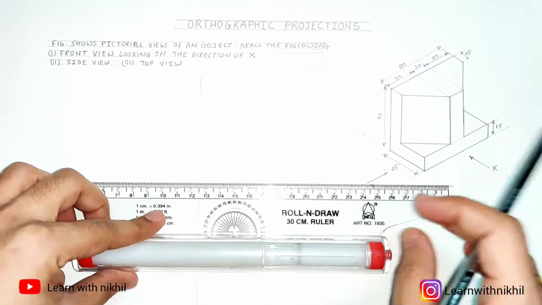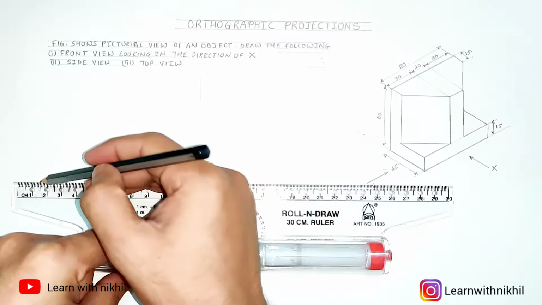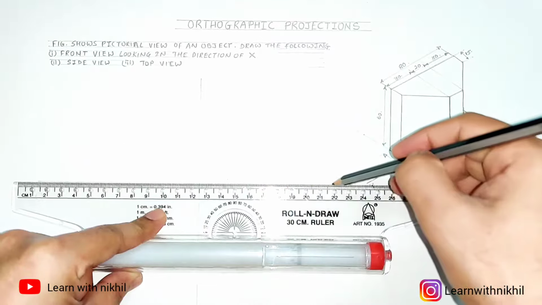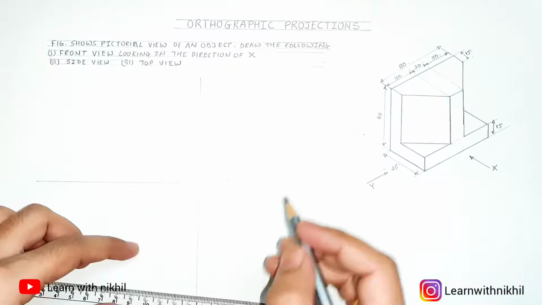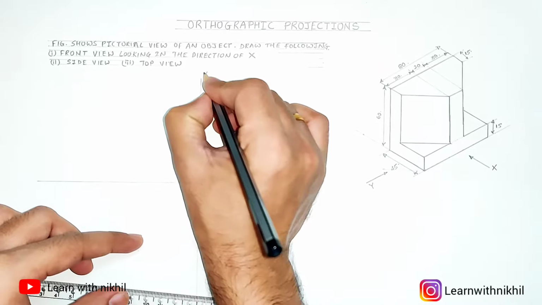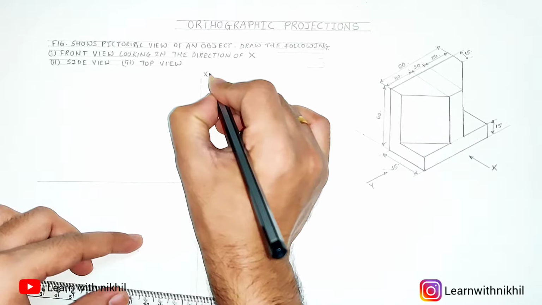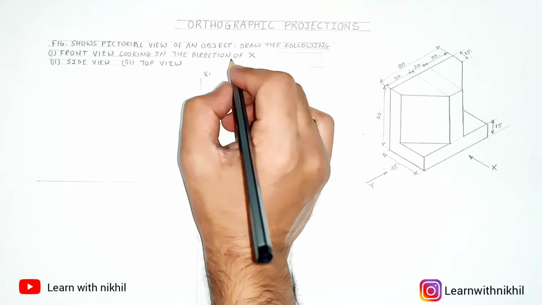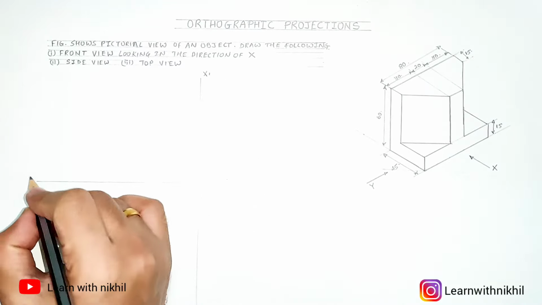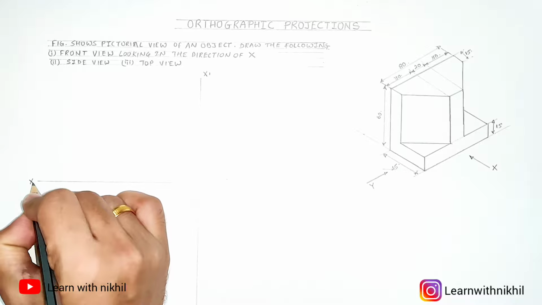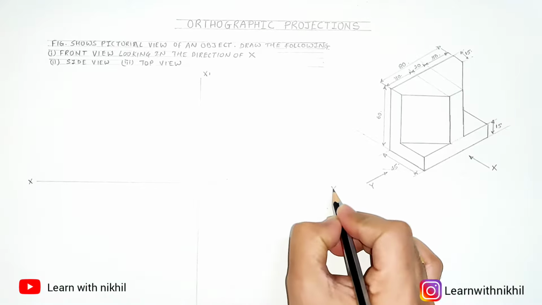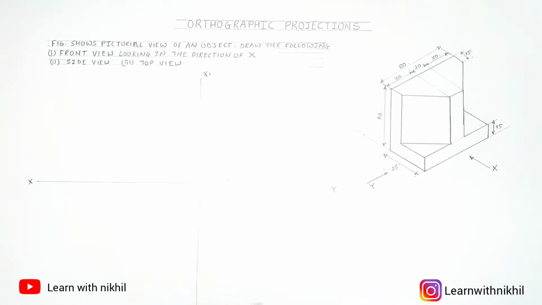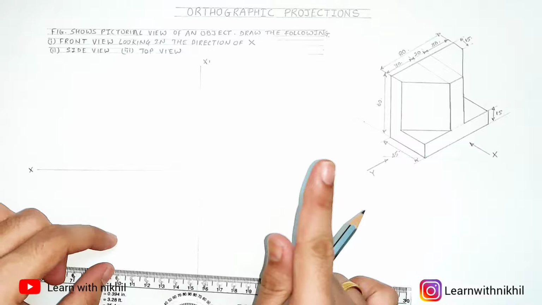Here we are drawing the perpendicular lines XY, which represents the horizontal plane, and X dash Y dash, which represents the vertical plane. These are the basic steps which you have to draw in each and every sum. So the first step is drawing these perpendicular lines.